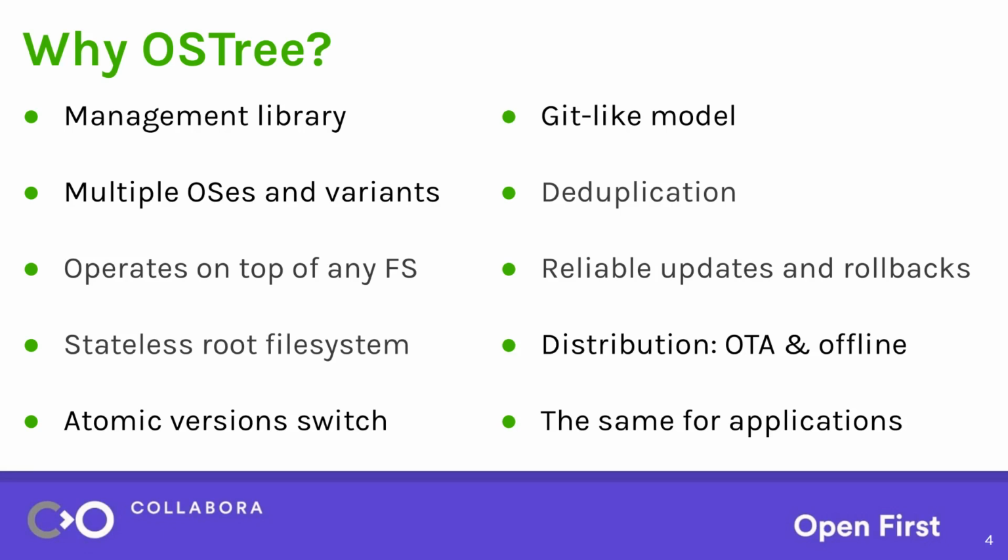OSTree is distribution friendly for updates via a distributed network with multiple update sources, including peer-to-peer. Minimization of network consumption is a side effect of the git-like model, since we download and store only file objects absent from local storage. It is also possible to use mass storage devices for updates, however that needs some support from the operating system itself.